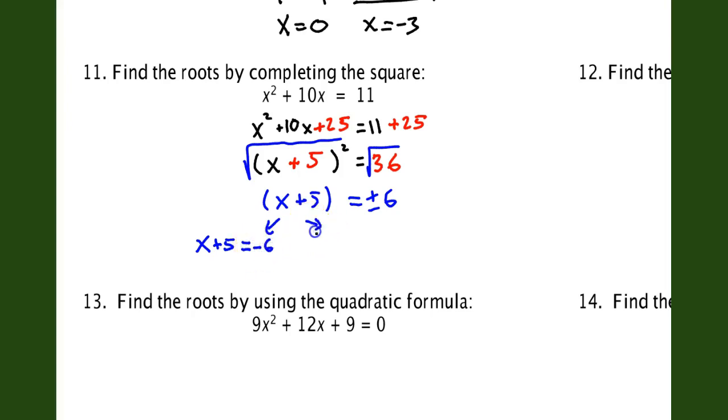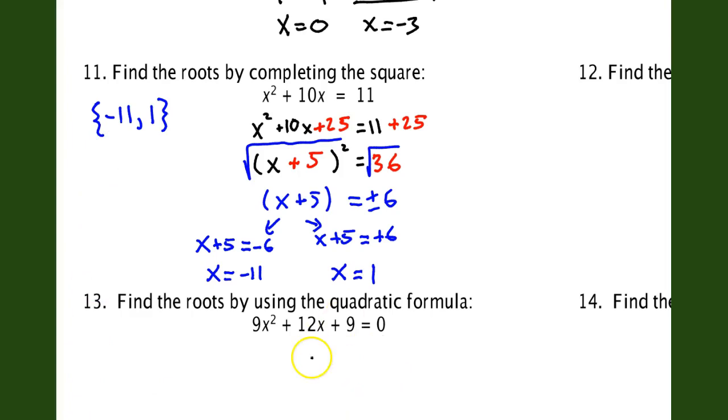And when is x plus 5 equal to positive 6? We'll get x equals negative 11 if we subtract 5 on both sides. And if we subtract 5 on both sides here, we'll get x equals 1. So those are the two roots, negative 11 and 1.